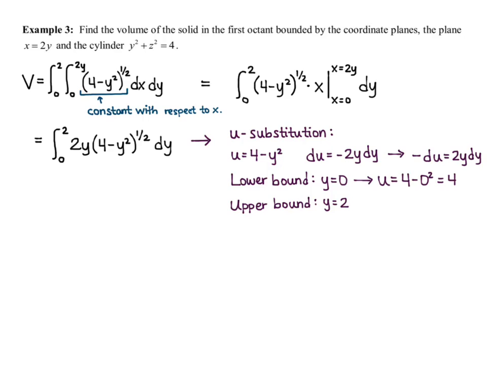Plugging this into u results in u equals 4 minus 2 squared, which is 0, so the upper bound with respect to u is 0. So our integral with the u substitution is the integral from 4 to 0 of u to the 1/2 du.